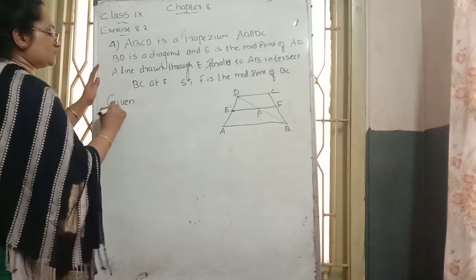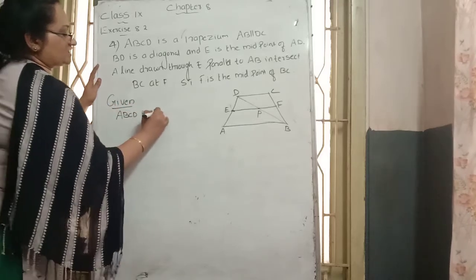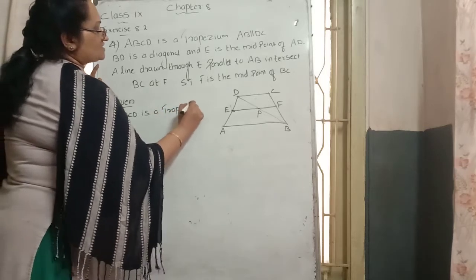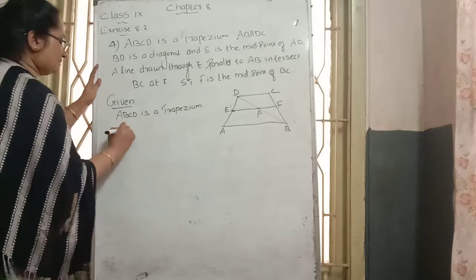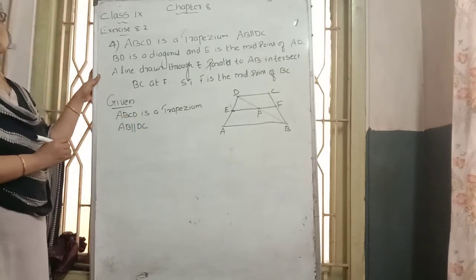In the given case, what information is given? ABCD is a trapezium. AB is parallel to DC, since they are opposite sides of that parallelogram.